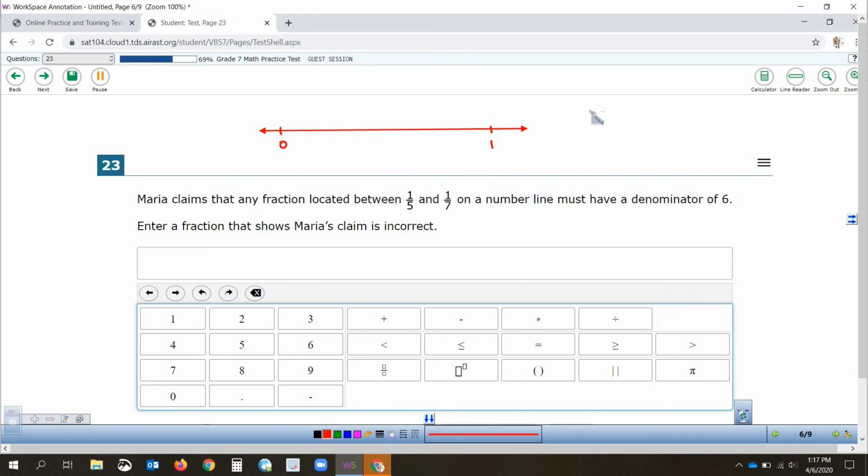When you have a fraction, the top part of the fraction is called the numerator, and the bottom part of the fraction is called the denominator. And the top part of the fraction, the numerator, tells you how many you have.